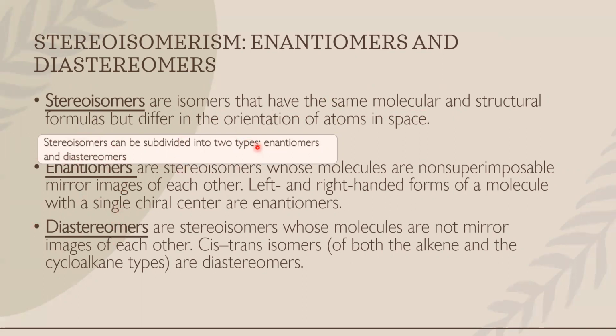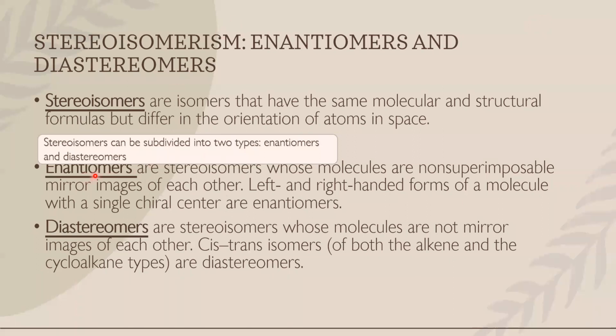These are stereoisomers whose molecules are non-superimposable mirror images of each other. So left and right-handed forms of a molecule with a single chiral center are enantiomers. Another type is diastereomers. These are stereoisomers whose molecules are not mirror images of each other. Cis-trans isomers are examples of diastereomers.